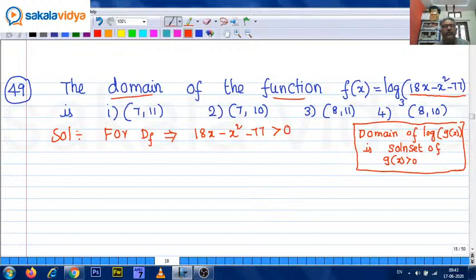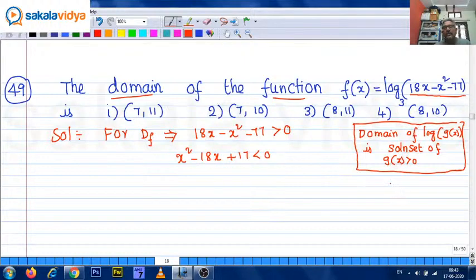Here we need to make x square coefficient positive. Multiply both sides with minus 1. So what do you get now here? x square minus 18x plus 77 is less than 0.